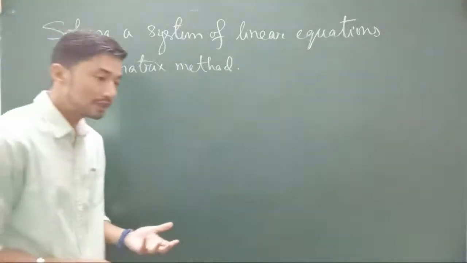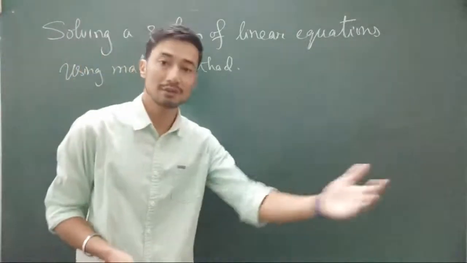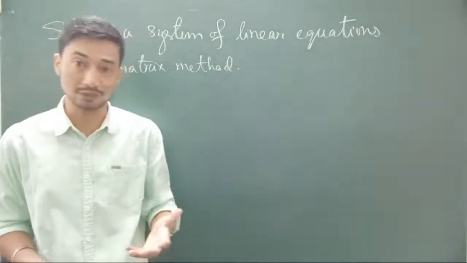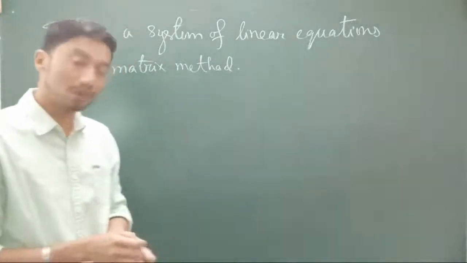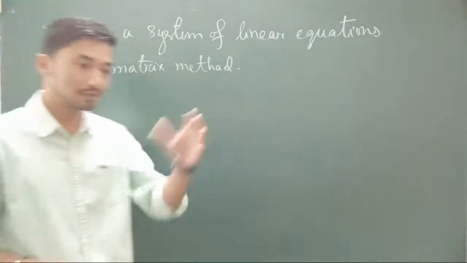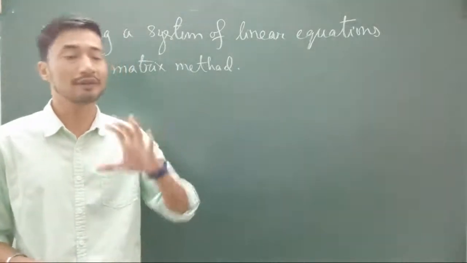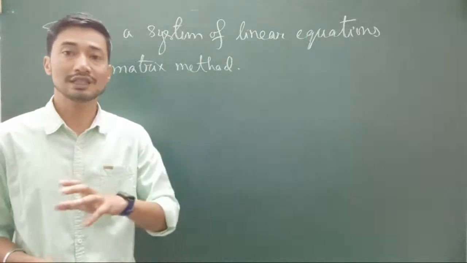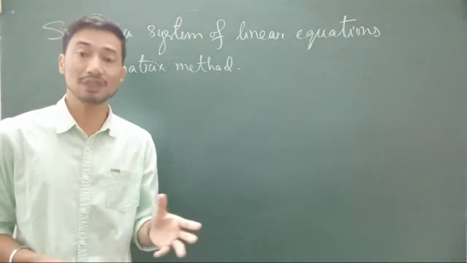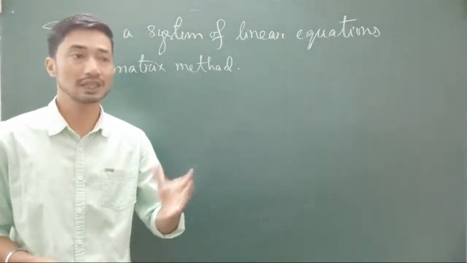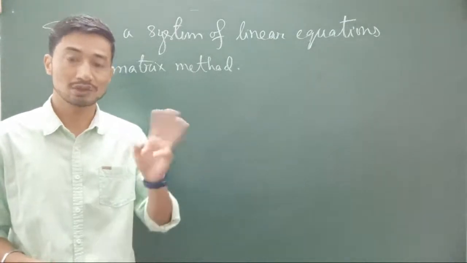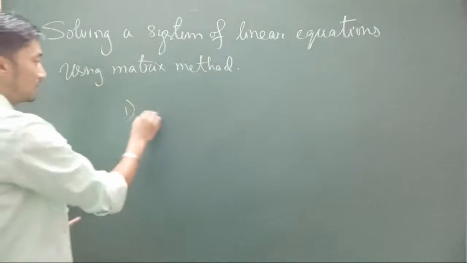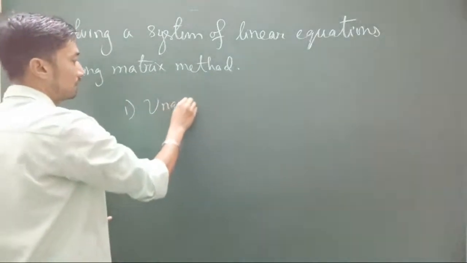Before we continue to solve the system of linear equations, what we also know is that for every system of equations given, a pair or a set of 3, it's not necessary that they will always have a solution. You've done it in class 10 also. There are 3 conditions basically.